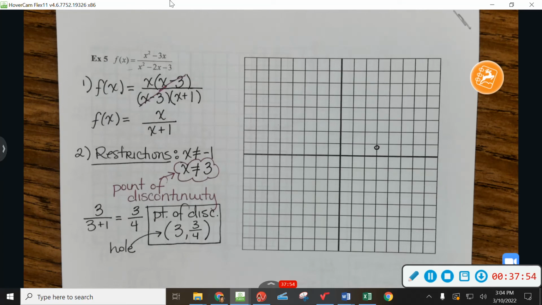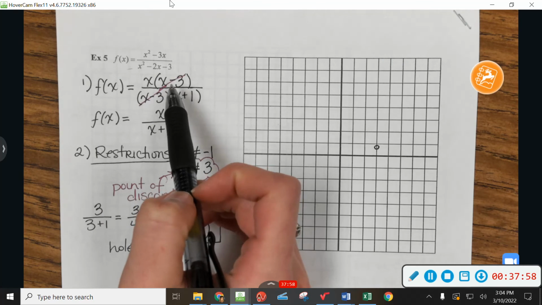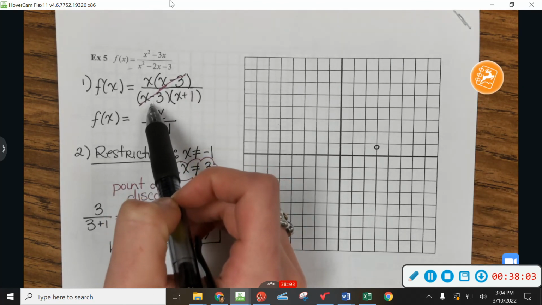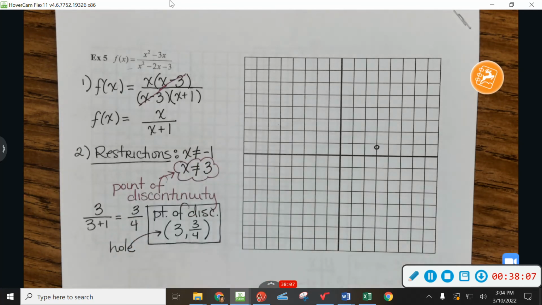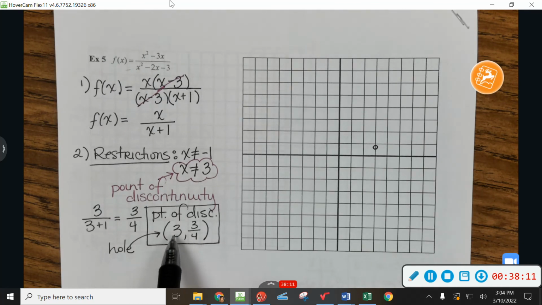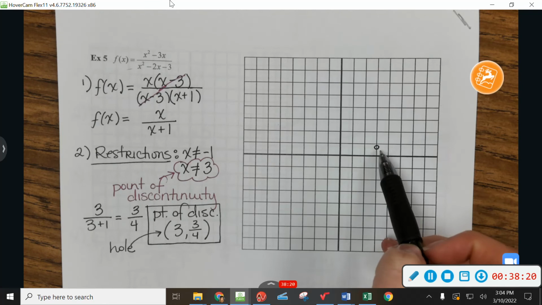Because there's a restriction in my domain, that is a value that the function cannot equal because it would cause 0 in the denominator. But because you can reduce it and pull it out, that's called a removable point of discontinuity. So my graph is no longer going to be continuous at that point. There's going to be an open circle there to state it cannot be there.